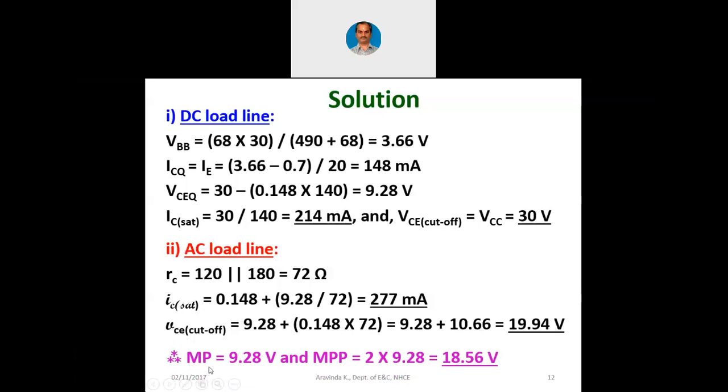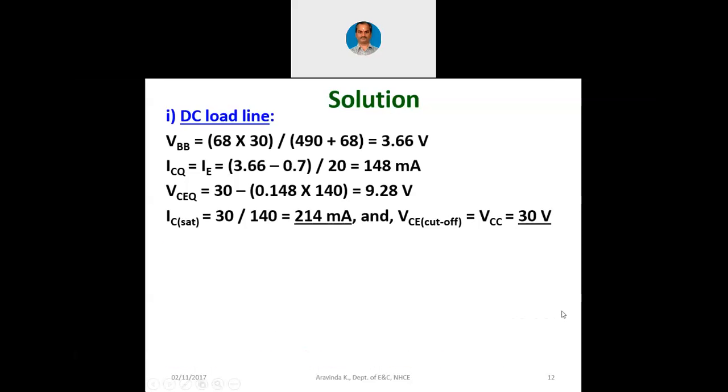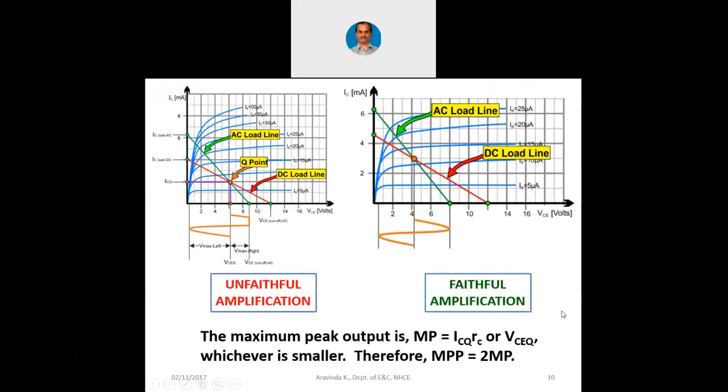So now maximum peak is 9.28 volts and maximum peak to peak is 2 into 9.28, that is 18.56 volts. So there was this ICQ into RC and VCEQ, right? I'll show you that. Maximum peak can be ICQ into small rc or VCEQ, whichever is smaller. Whichever is smaller. Now because of this AC load line, let us see that now.